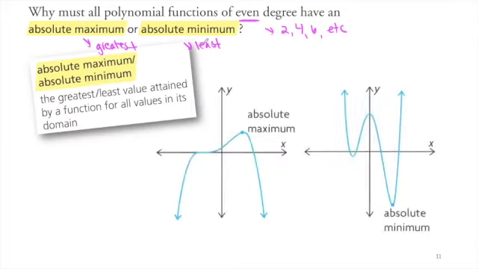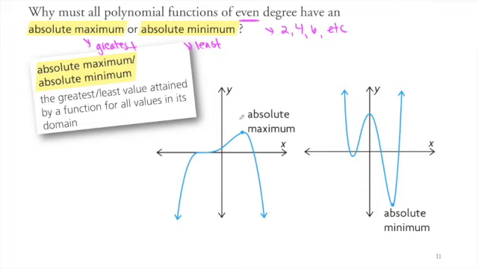So why you have that is because for an even degree, remember we have the same end behaviors, either both pointing down or both pointing up. Always for an even degree. Remember, odd is when you have the opposite.